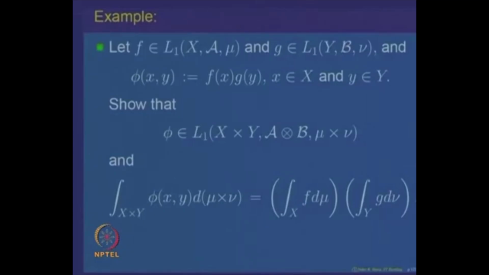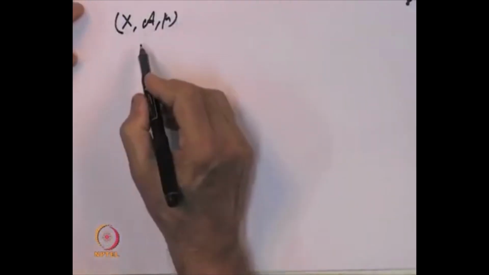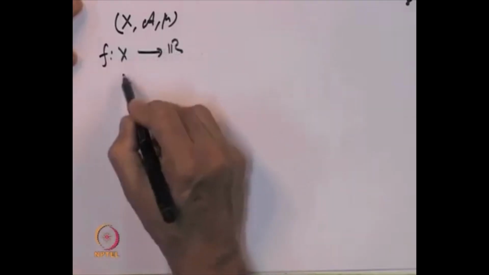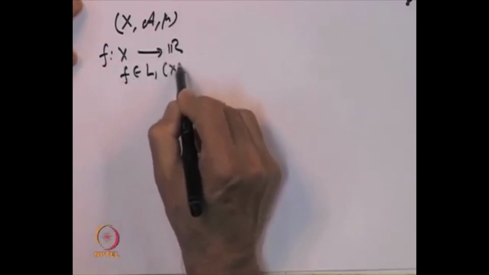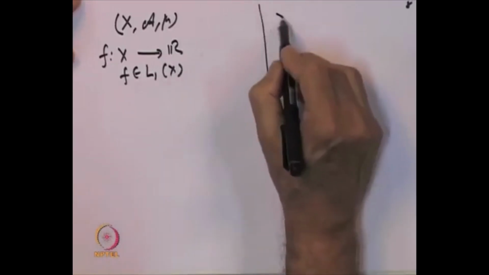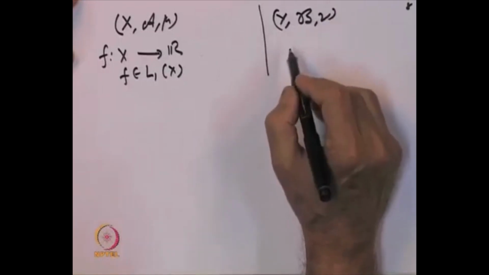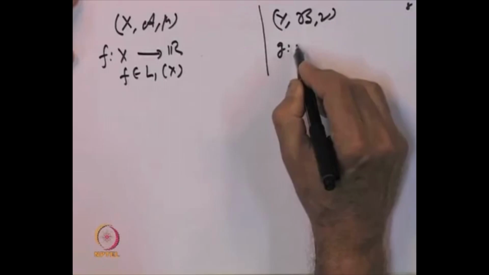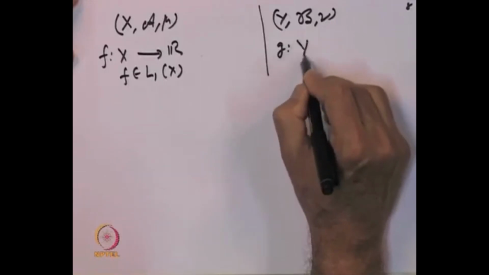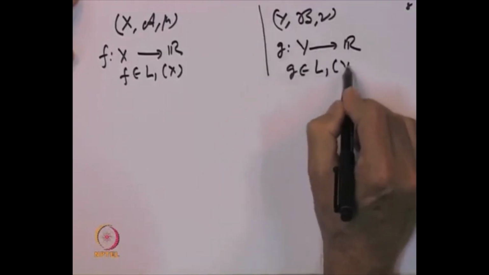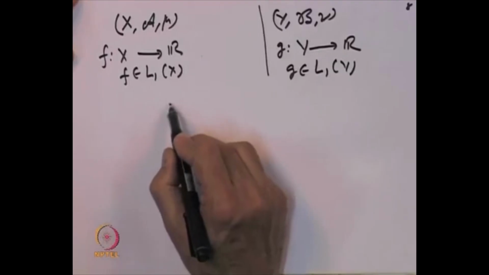So, we want to look at a function f. We have got a measure space (X, A, mu), of course sigma finite, and f is a function defined on X and f belongs to L 1 of X. And on the other hand, for (Y, B, nu), we have got a function g from Y to R, and g belongs to L 1 of Y. So, define phi.